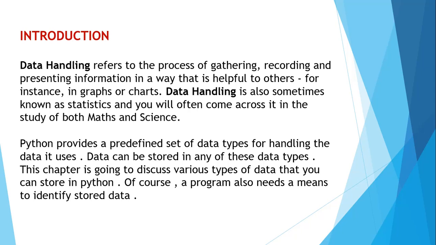Of course, a programmer also needs a means to identify stored data, because if we are going to create any program, we have to classify which type of data it is. If one type of data is used in a different format, it can produce a different result or may not produce any result. It may lead you to confusion or an error message. So you need to be very clear about what particular data it is, which type of data it is, and where it is stored.